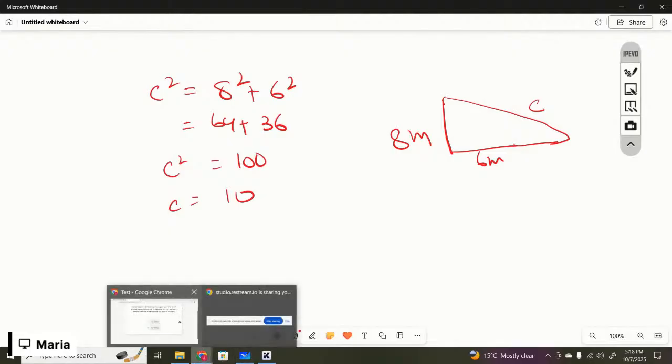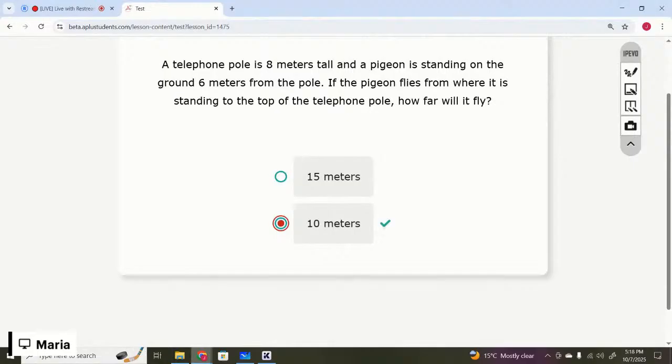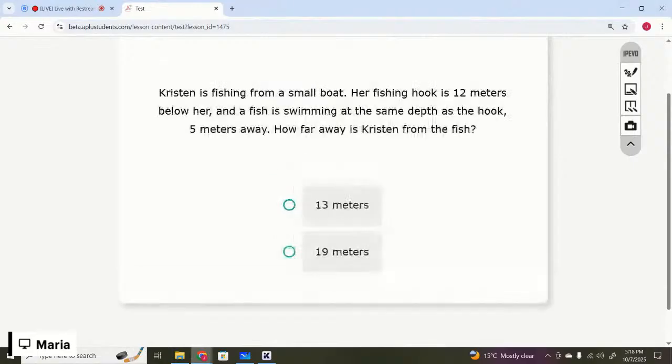So the correct option is 10 meters. Option number 2 is the correct option.